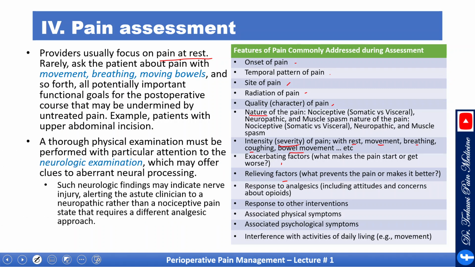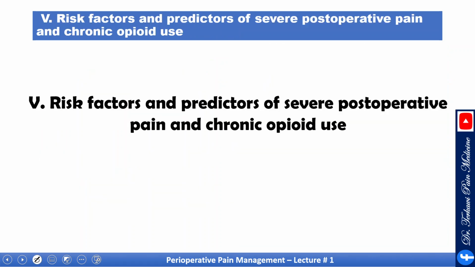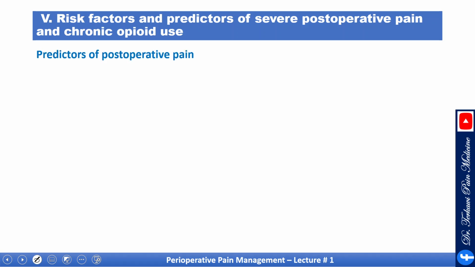After that, you have to do a thorough physical examination, which also needs to include neurologic examination, such as findings that indicate nerve injury, like altered sensation, hyperalgesia, and allodynia, which we mentioned. Okay, let's learn about risk factors and predictors of severe postoperative pain and chronic opioid use.